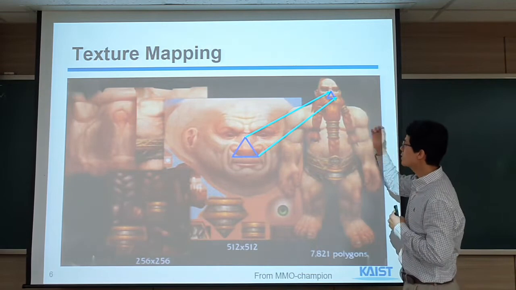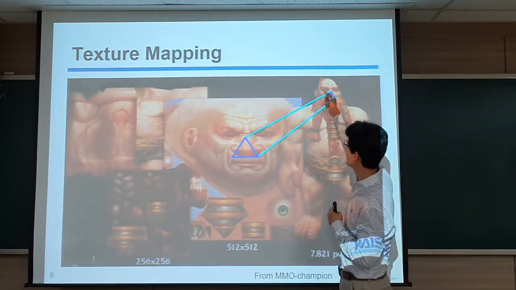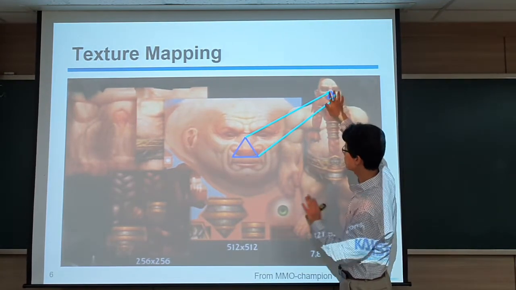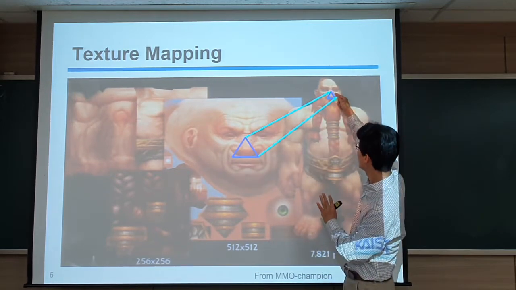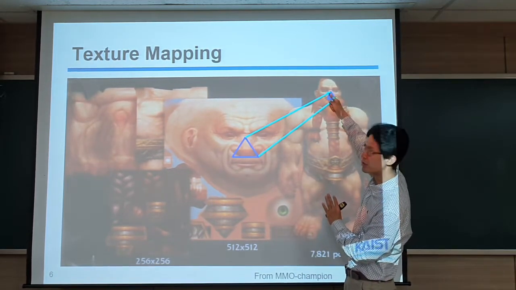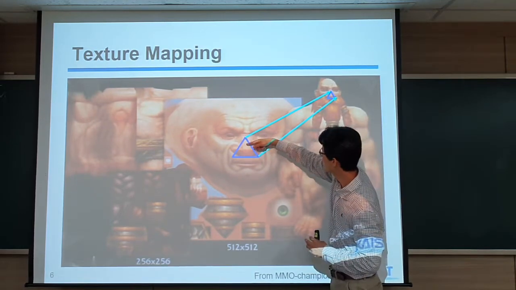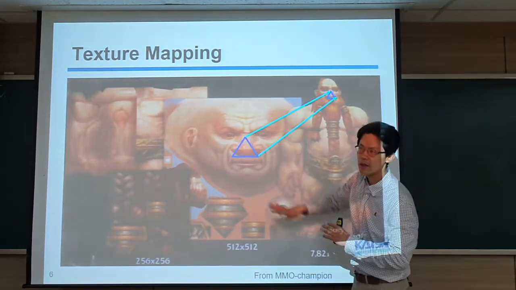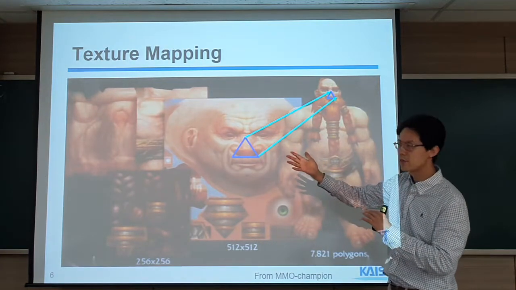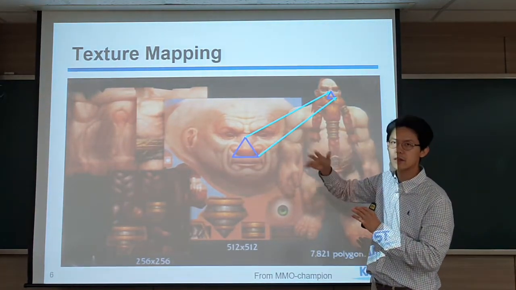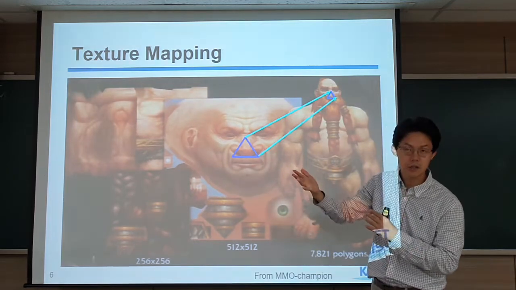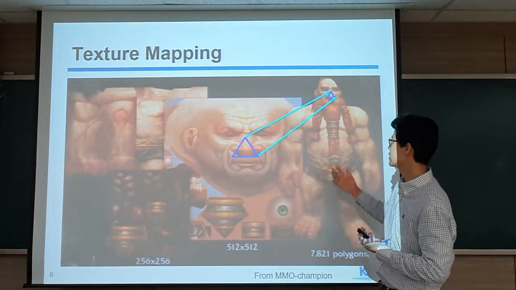But in this case, we set up the mapping between this regional texture map and the triangle, and when we rasterize this triangle, we get color information from there. So we get more detailed color information, and then we perform the illumination.